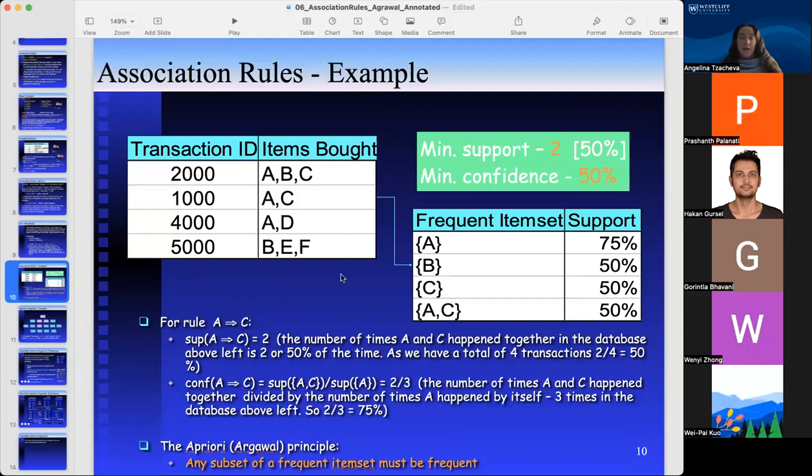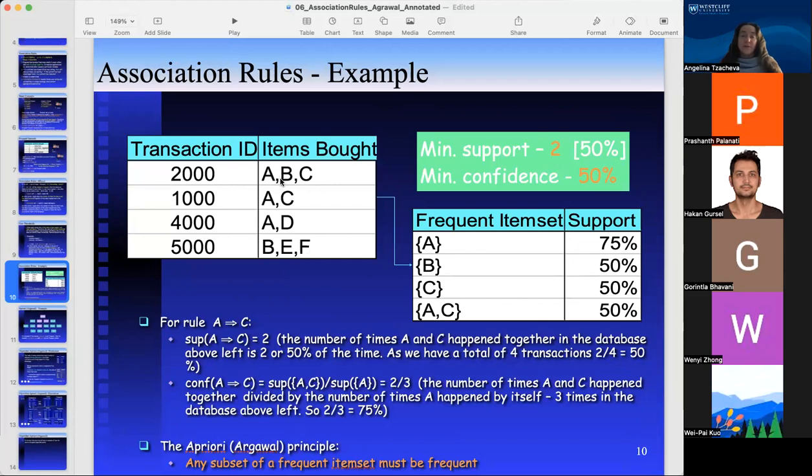Let's see very quickly how we're going to extract the frequent item sets or patterns from this transactional database. Here are the transactions: ABC, AC, AG, BF. These things, A, B, C, D, E, F, are just elements for that particular store.